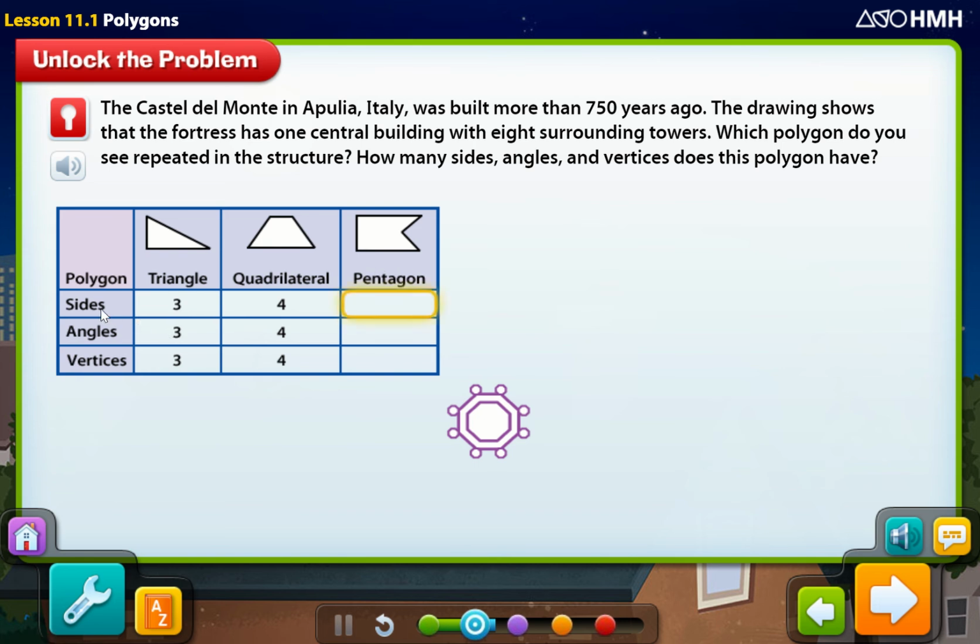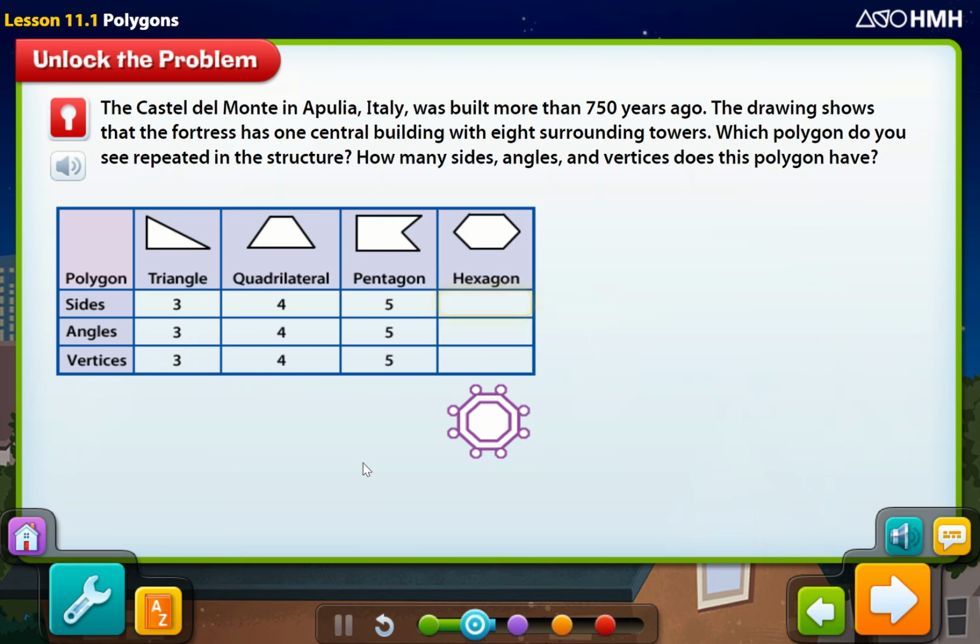So if it has 5 sides, I'm thinking that it's going to have 5 angles and 5 vertices, because if these all match, this one should match too. A pentagon is made up of 5 sides, 5 angles, and 5 vertices.